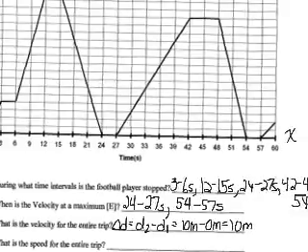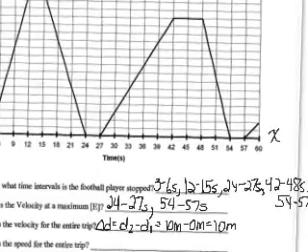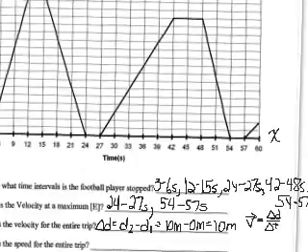I'm just going to move this over just a little bit so I've got some room to write. But we also need to know our total time. If you take a look at the bottom of the graph, the total time was 60 seconds. So we already have that determined just by the graph itself. So velocity equals total distance divided by total time.